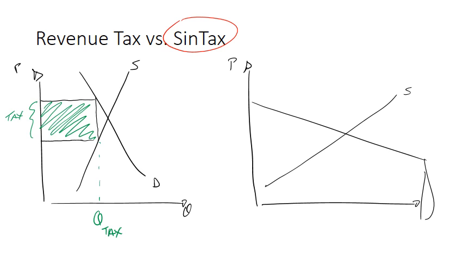This is a pretty good revenue tax because you've got both curves that are pretty steep. Really, you just need one of them to be relatively steep, and it works out just fine.